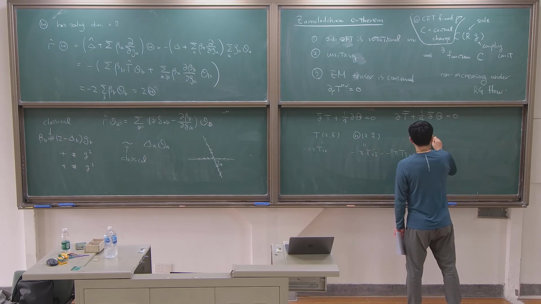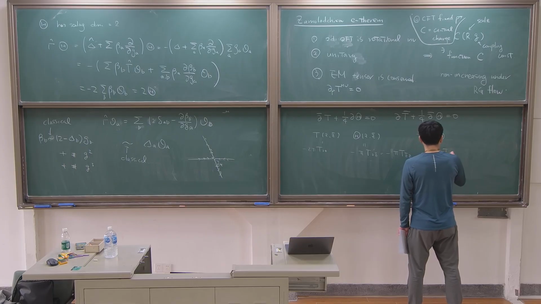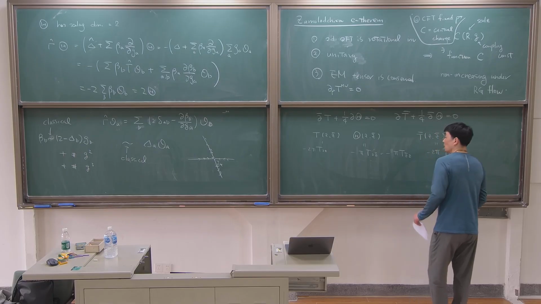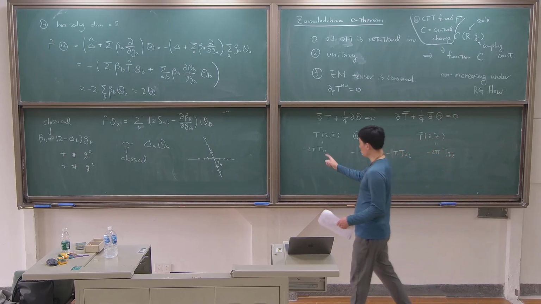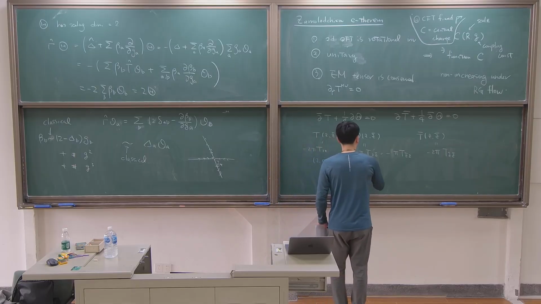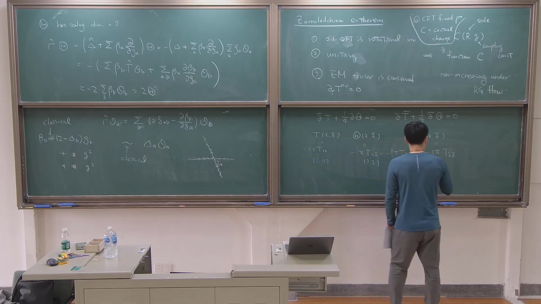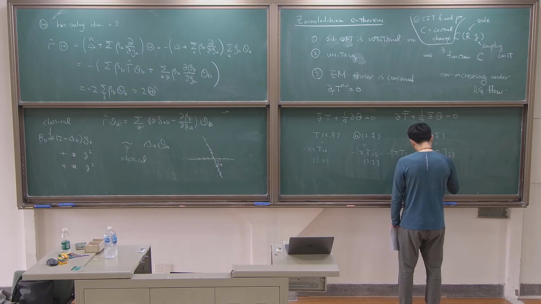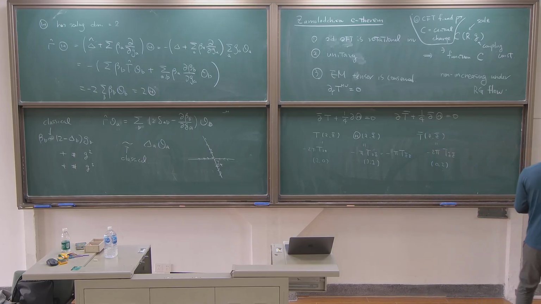And then T bar is equal to minus 2 pi T z bar z bar. So the holomorphic spin dimensions are (2, 0), (1, 1), and (0, 2).